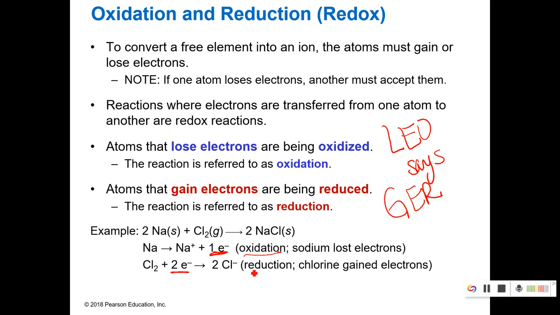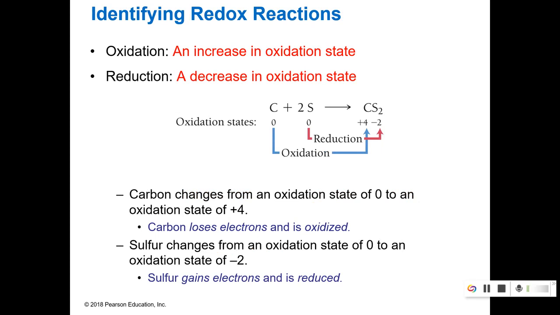Here we're gaining electrons, electrons are going in, reduction. Also, oxidation is an increase in oxidation state, and reduction is a decrease in oxidation state. We're about to talk about the rules of oxidation states or oxidation numbers. They're called either one. But notice here, the one that was oxidized went from 0 to +4. The one that was reduced went from 0 to -2.